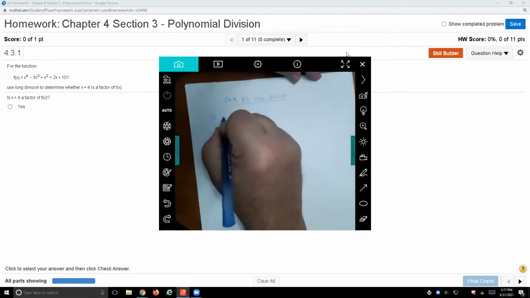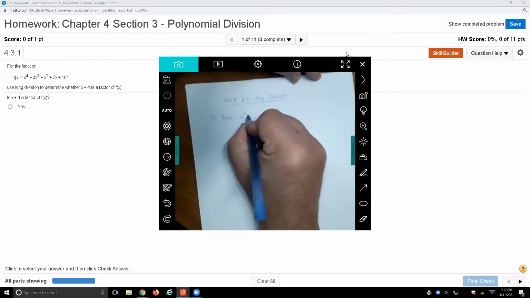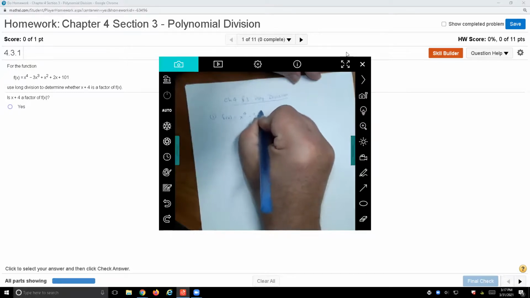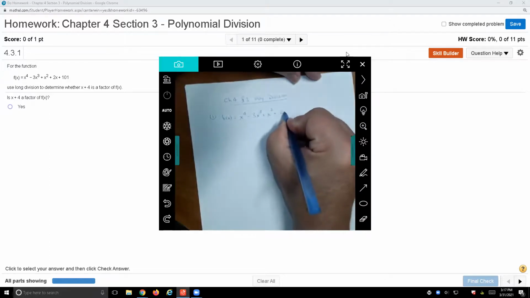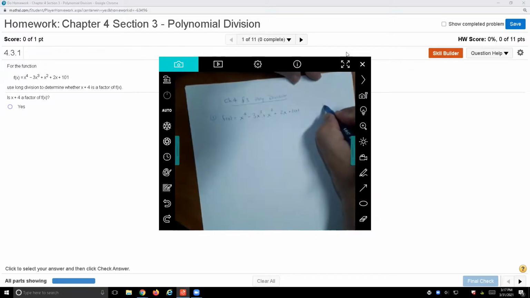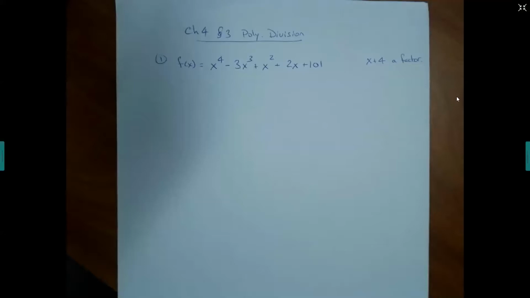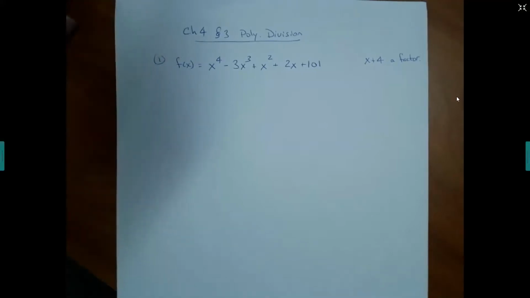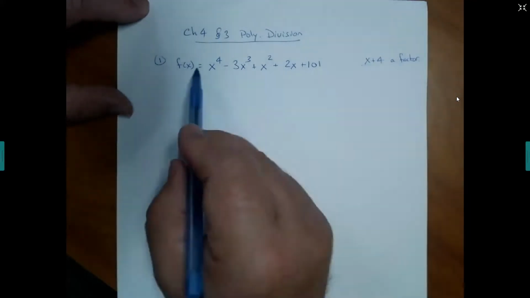So let me give you a quick discussion. Okay, it's giving us this example. It's asking us, is x plus 4 a factor of this polynomial?